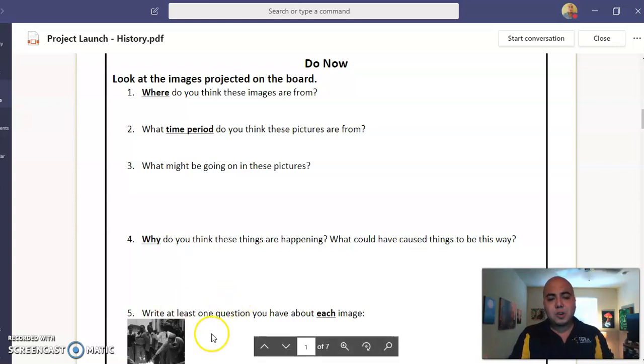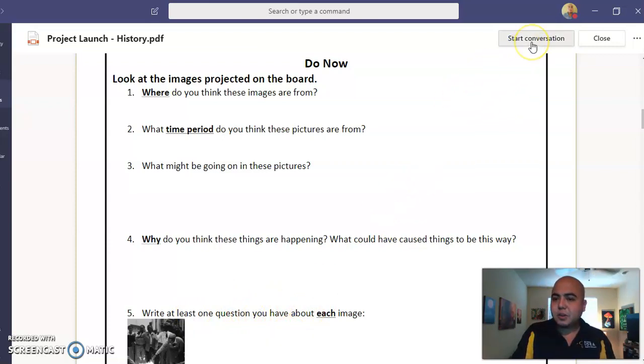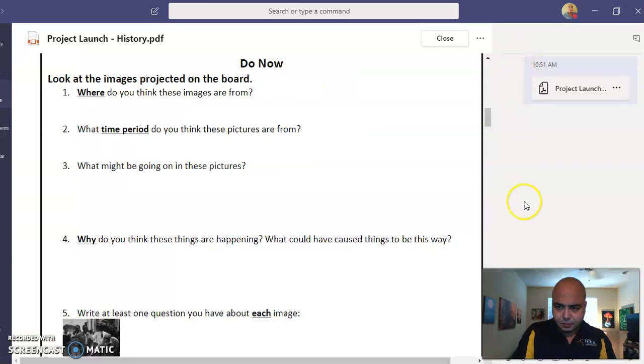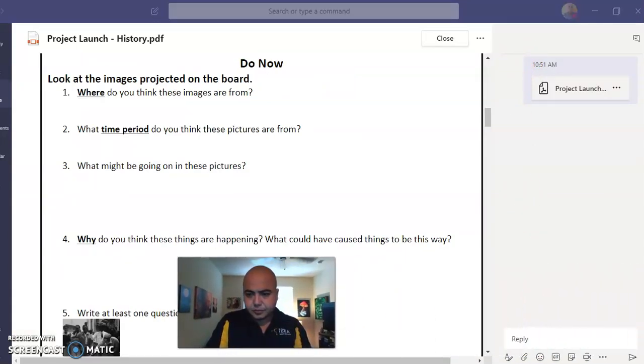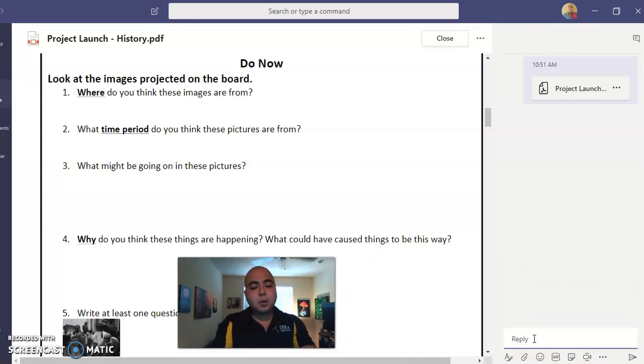If you have a question, at least one question you have about each image, I want you to go click over here, which is start conversation. You click on that, and right here, you'll type your questions. But very important, you're going to type your name. So for example, for myself, I'll put Castro.